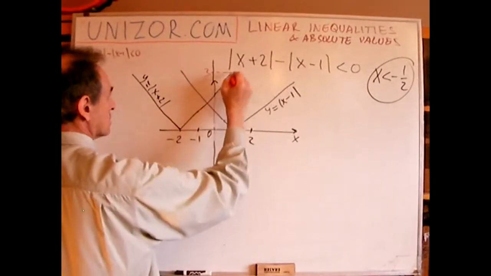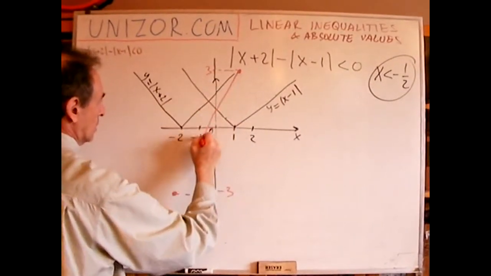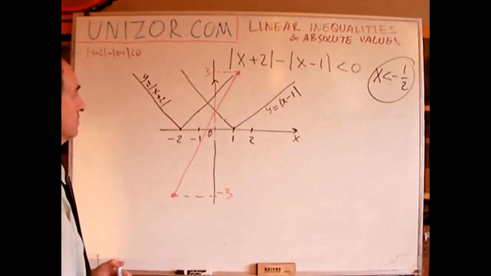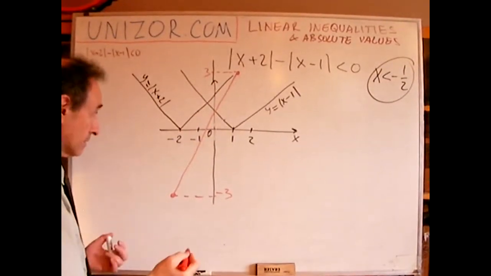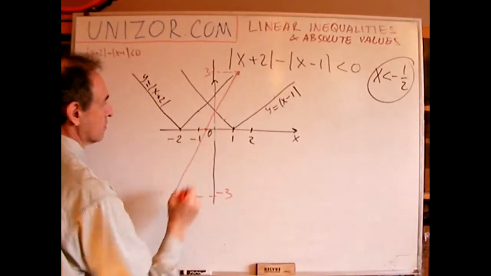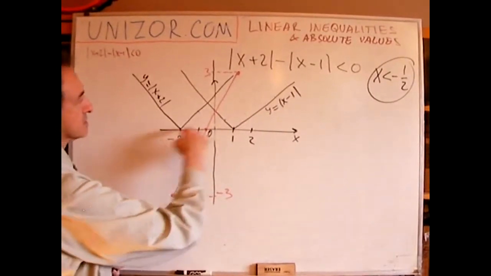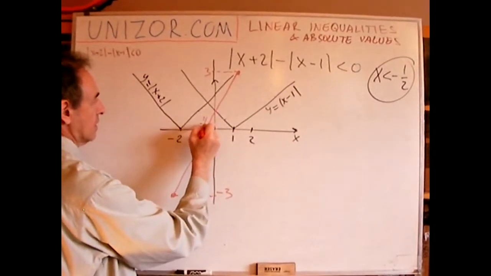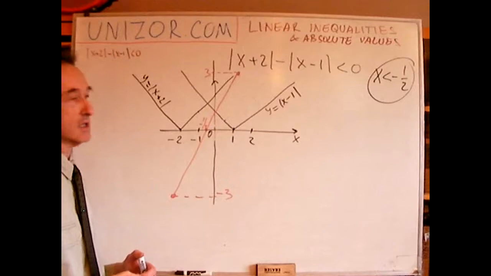So it would be here. So the graph would go like this. It's a linear function. And it's very easy to see right now that we have crossed the x-axis in between 0 and minus 1. So that's where minus 1/2 actually is.